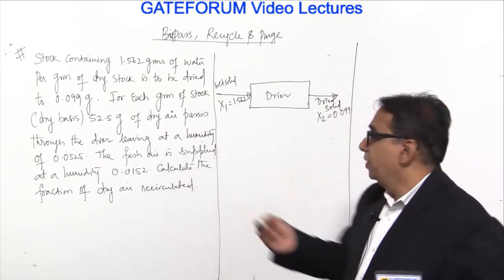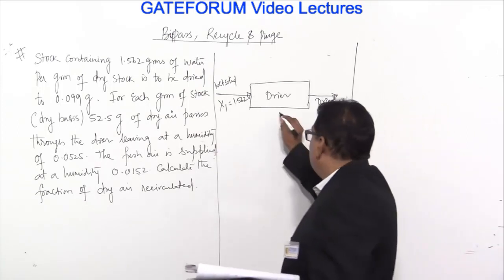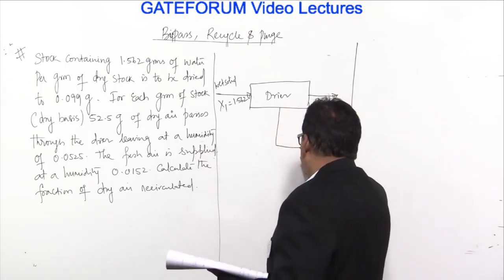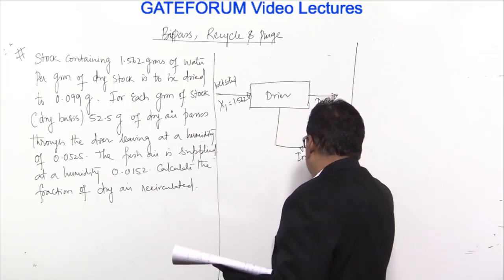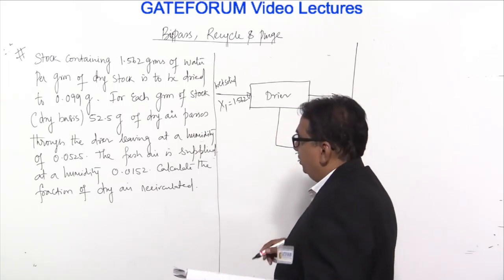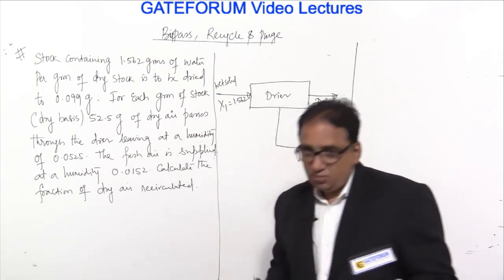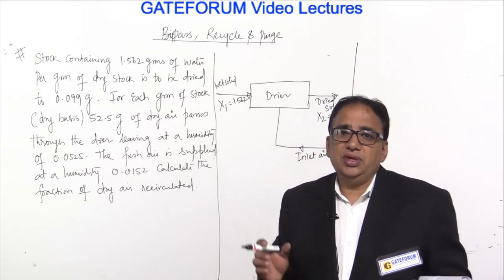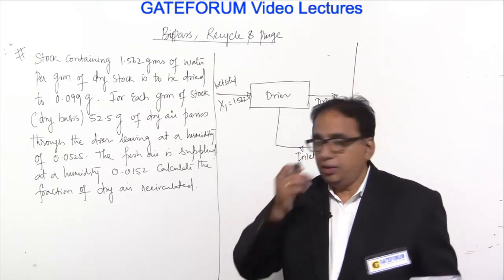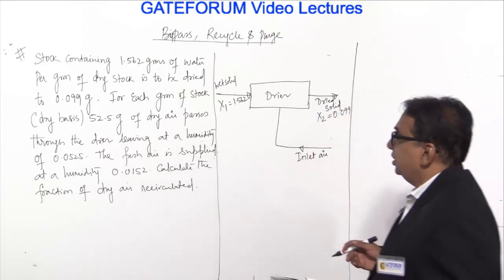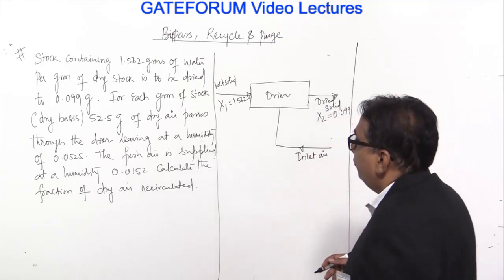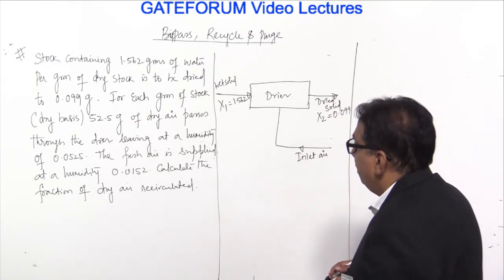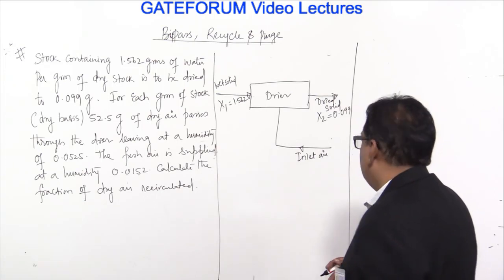The amount of water is to be removed. For that, what is being used? An inlet air. Inlet air means what? Humidity. Because we can't send dry air, we take humidified air. So he is passing 52.5 grams of dry air through the dryer, leaving at a humidity of 0.0525.